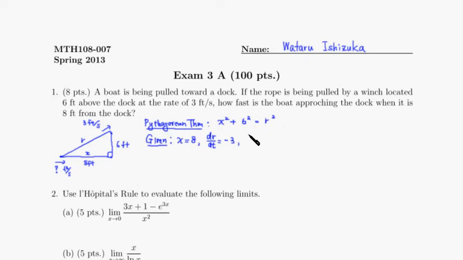And we can find r by using the Pythagorean theorem. r is going to be the square root of x squared, in this case 8 squared, plus 6 squared. 8 squared is 64, 6 squared is 36, so that's 100.